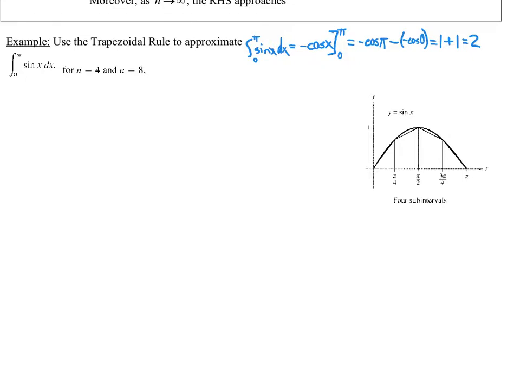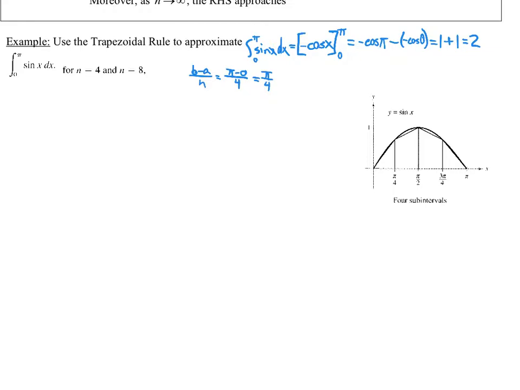Let's work this out with, first of all, 4 subintervals and then 8 subintervals. If I'm breaking this interval from 0 to pi up into 4 subintervals, then my b minus a over n is going to be pi minus 0 over 4, or just pi over 4.